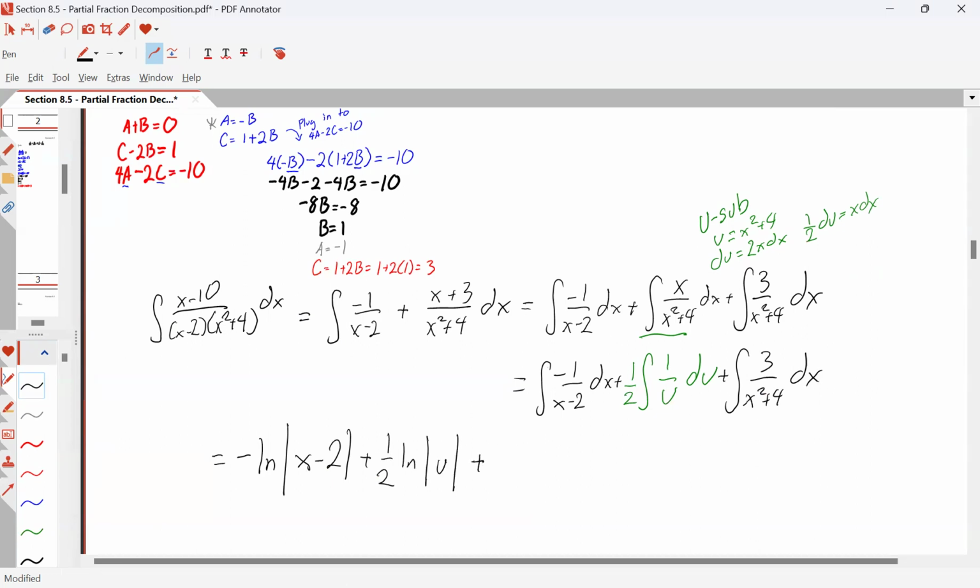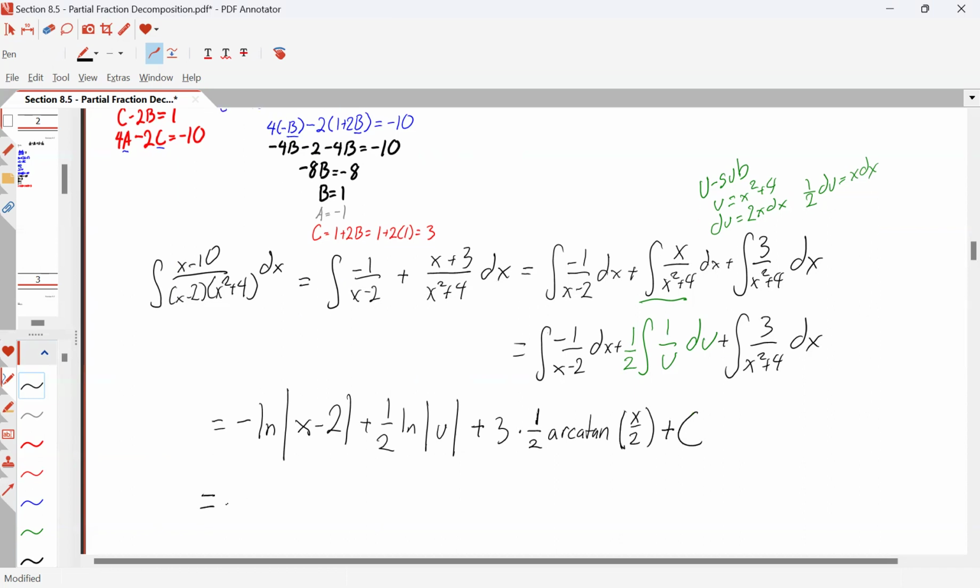And then the integral of 1 over x squared plus 4 is 1/2 arctan of x over 2 by our arctan formula. That is being multiplied by 3.